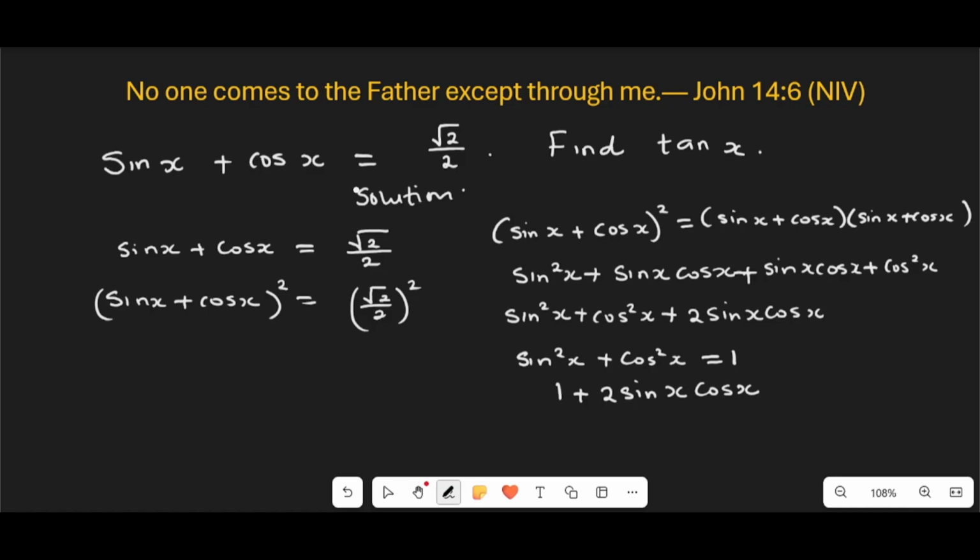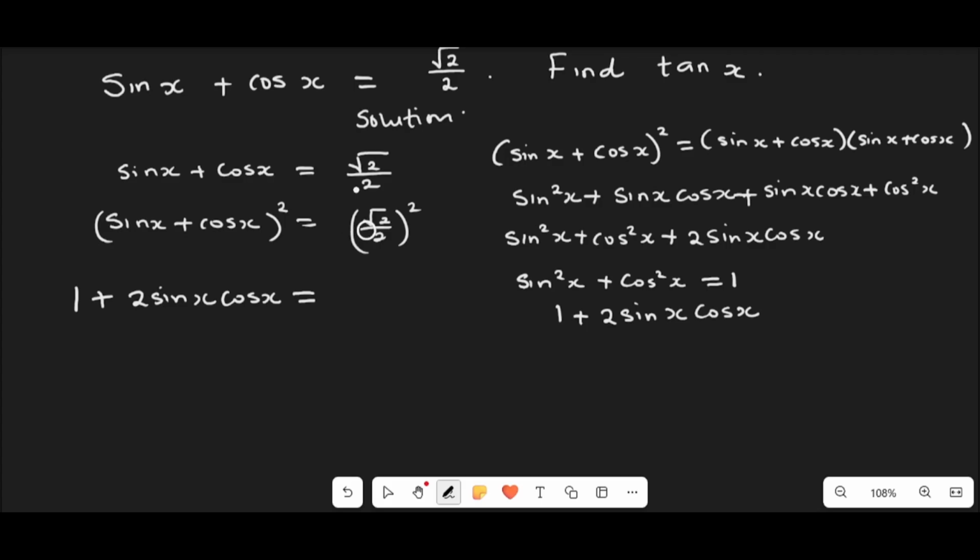So 1 plus 2 sin x cos x equal to, let us expand root 2 over 2 raised to power 2.